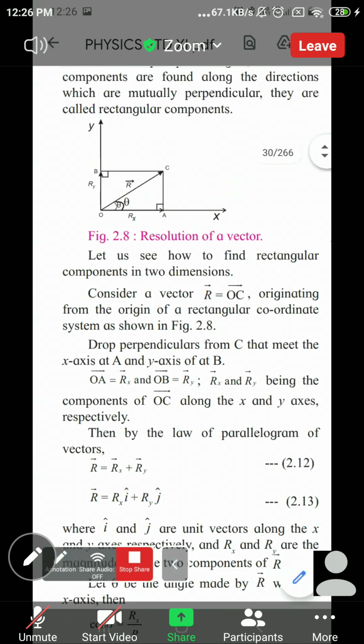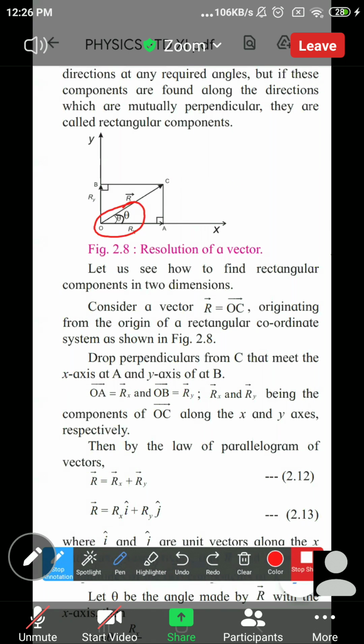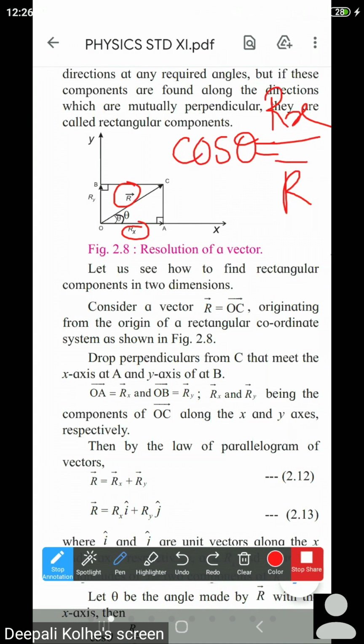In the figure, see here, the angle theta is shown which R bar made with the x-axis. यहाँ पर R bar और x-axis के बीच में थीटा एंगल है. तो फिगर में से हम लिख सकते हैं cos of theta. cos of theta क्या आएगा? Adjacent side upon diagonal. Adjacent side क्या है? Rx. Upon diagonal क्या है? R bar. ये हो गया cos theta.